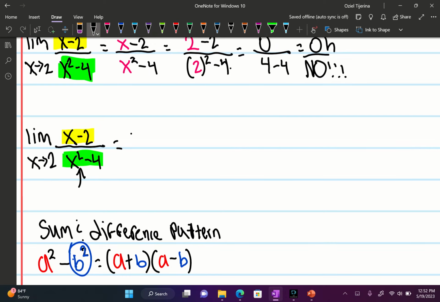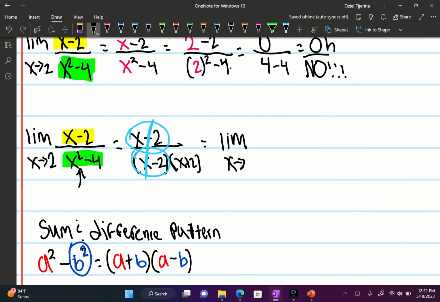So really we have x minus 2 over the quantity x minus 2 times x plus 2. Now, notice that there are two common things. There's this and there's this. So we cancel it out.